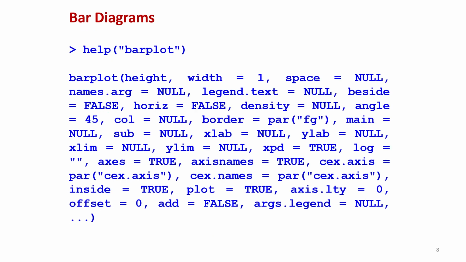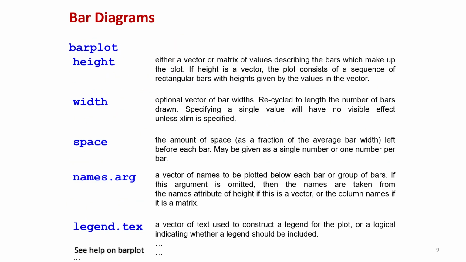But I would request you to please look into the help of barplot and try to understand what they are trying to give you. For example, height is a vector or a matrix of values which create the plot. Width is the parameter which controls the bar widths.